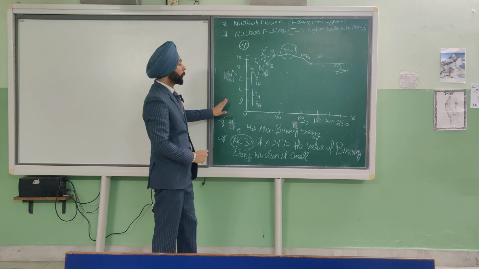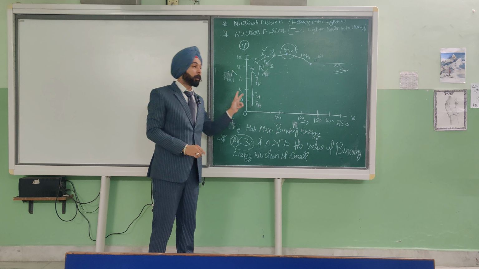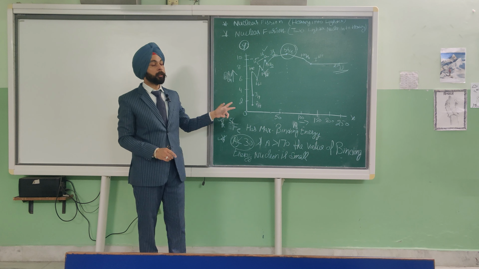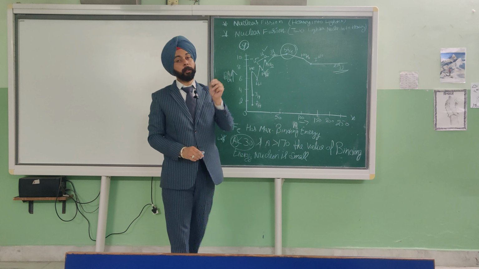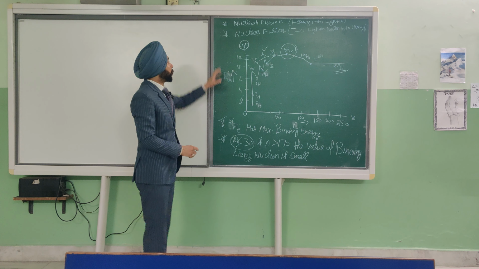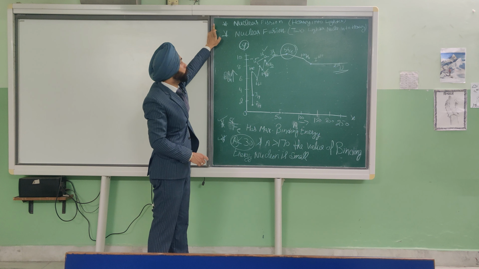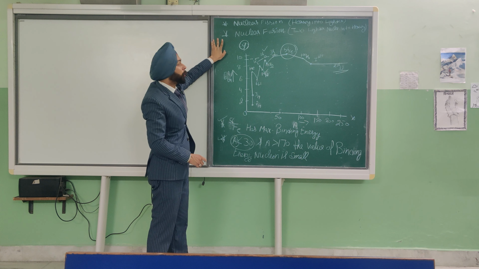And from this curve we will introduce these things, because in this case of the binding energy curve, energy is released. There are two processes here, nuclear fission and nuclear fusion.